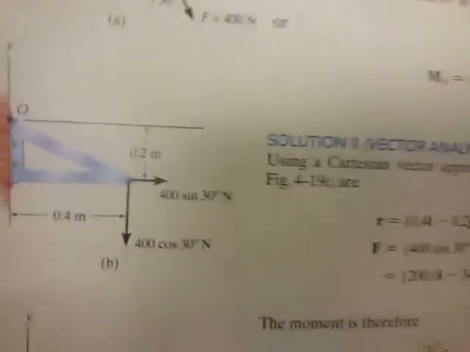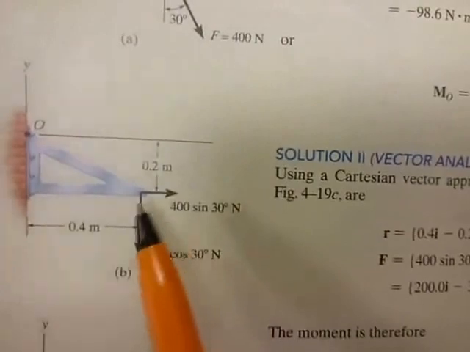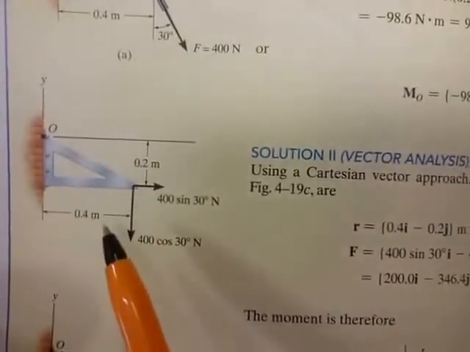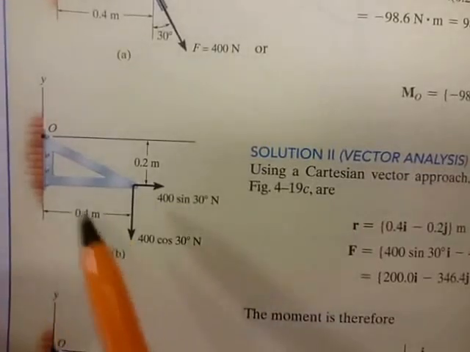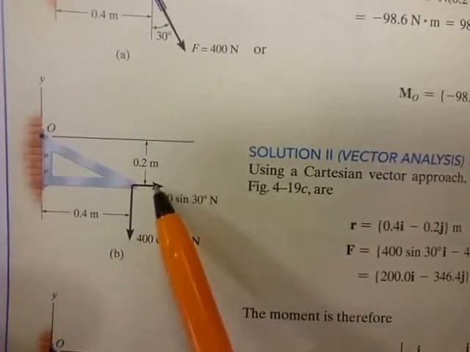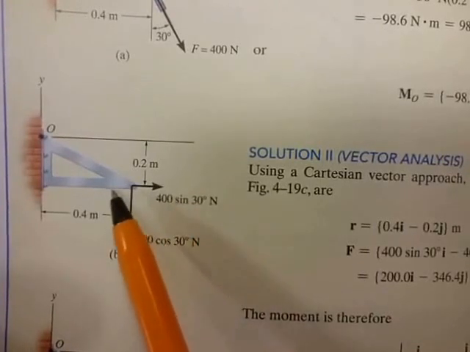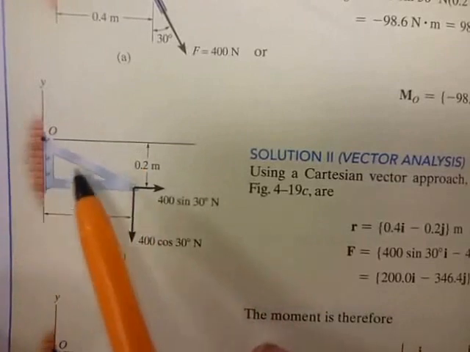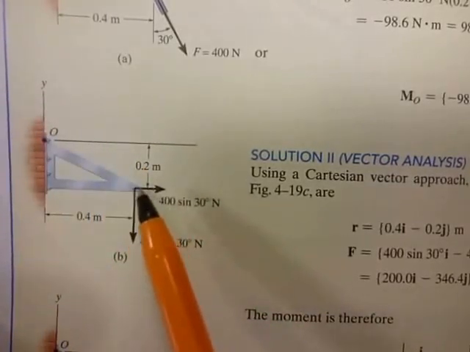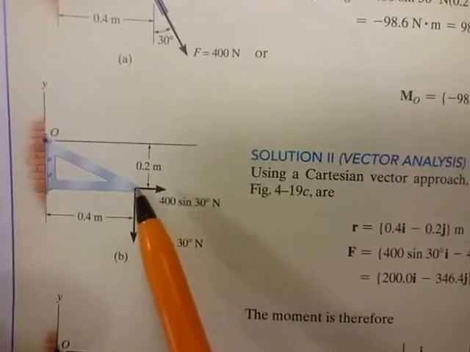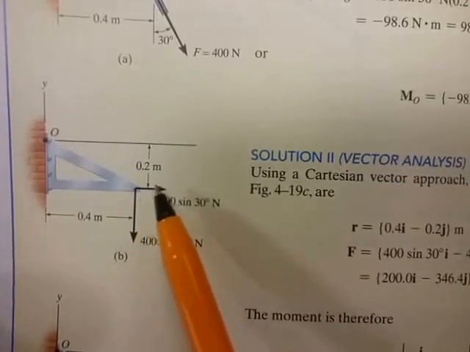Now, I just want to ask you, if we say that anti-clockwise is positive, then what types of moments do we have here? This force, the Fx, will cause an anti-clockwise moment. So the moment due to this force is positive.